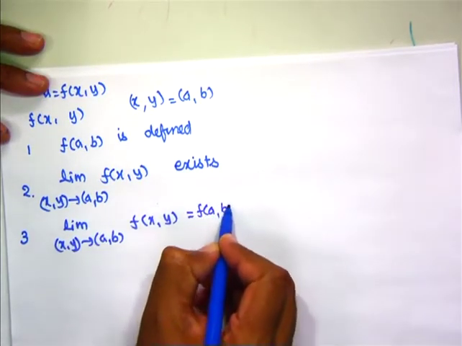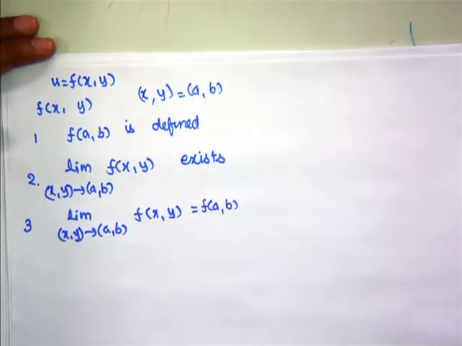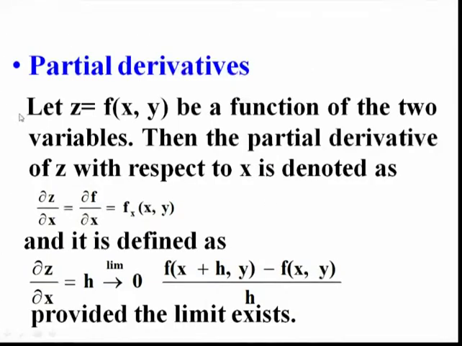Now we come to the partial derivative. Let us see on the slide presentation. Let z = f(x, y) be a function of two variables.